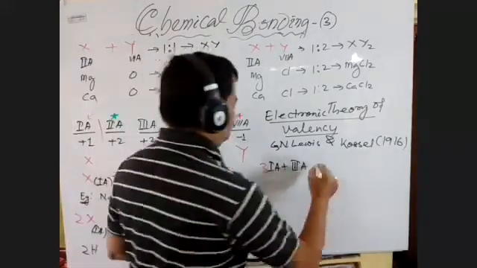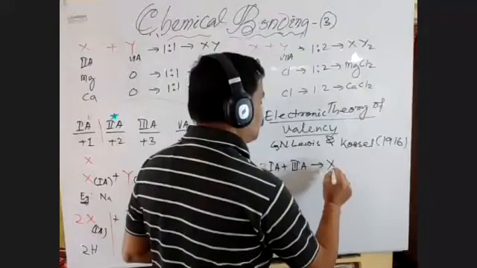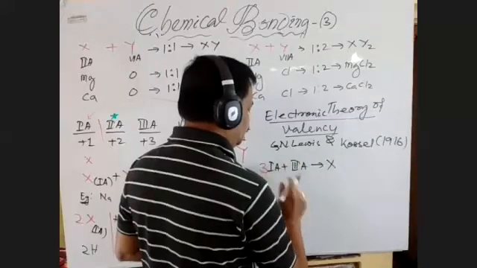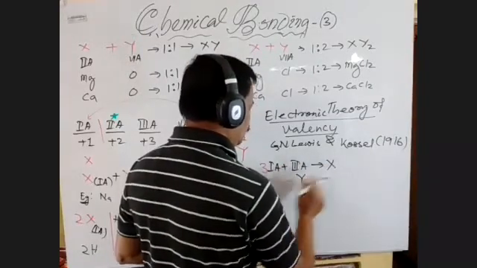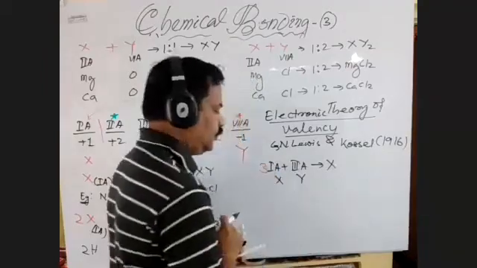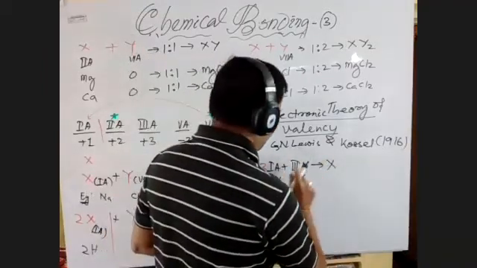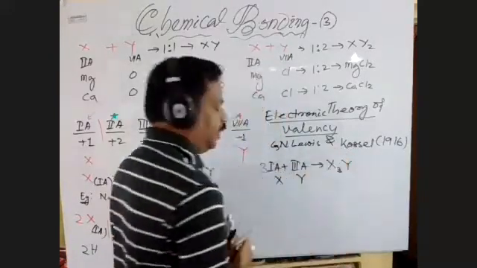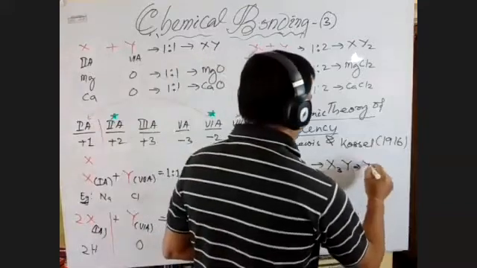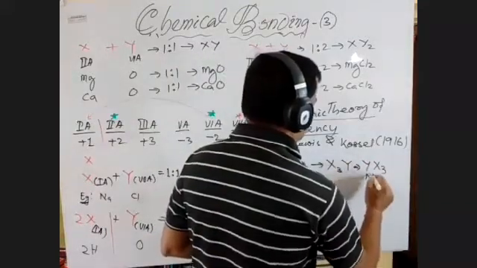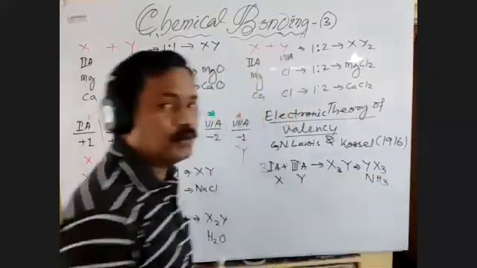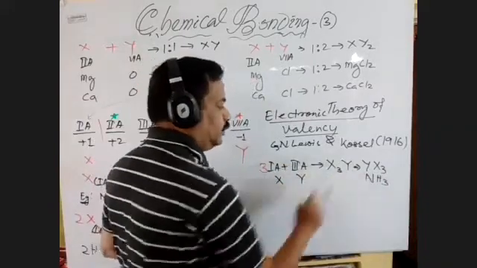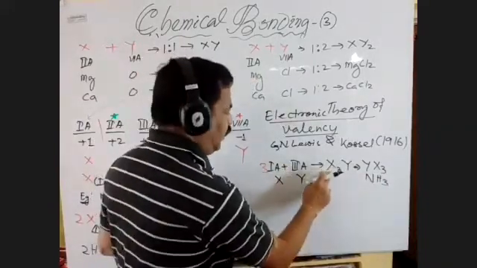Then the chemical formula will be, if this is the central atom, this is your Y, and this is your X, then it will be X3Y, or you can write it as YX3, like NH3, ammonia. Here nitrogen, this is hydrogen. So NH3, or we can write X3Y.